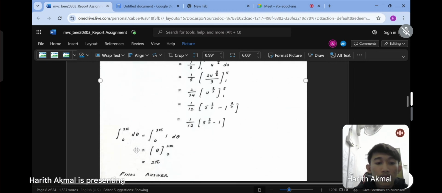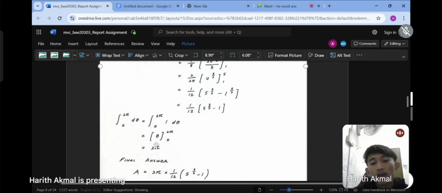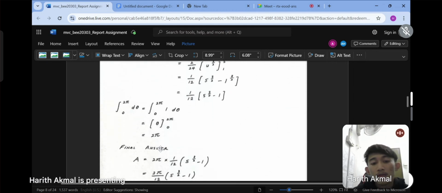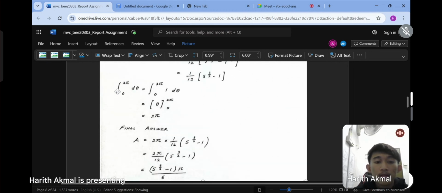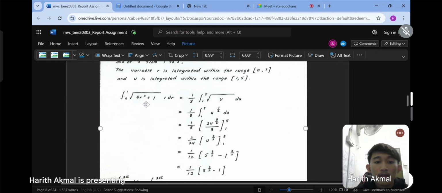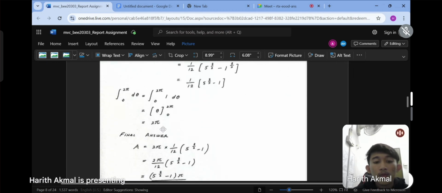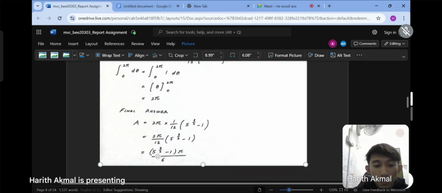Then we integrate d theta and get 2 pi. For the final answer, we multiply the integrations of d theta and du, and we get 5 to the power of 3 over 2 minus 1, times pi, over 6.